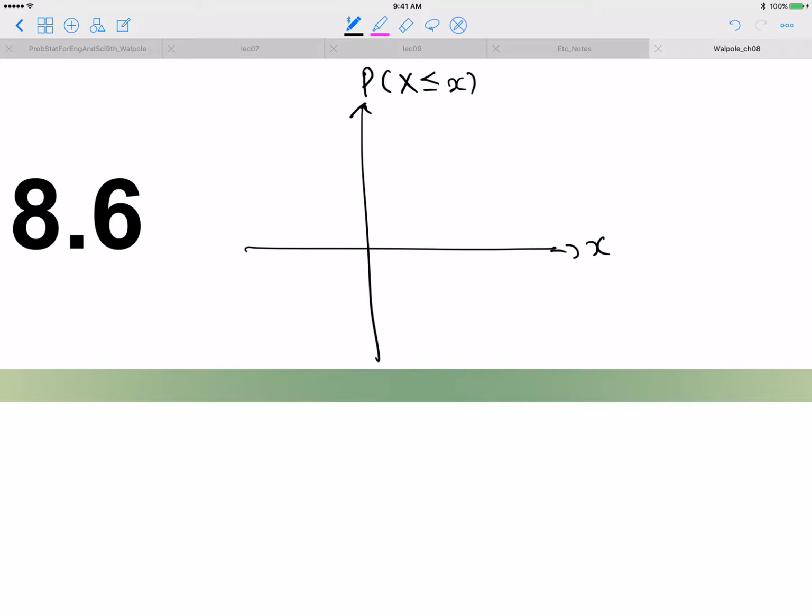So this cumulative distribution function will be something like this. The maximum value will be exactly 1, and then it will be a non-decreasing function, right?